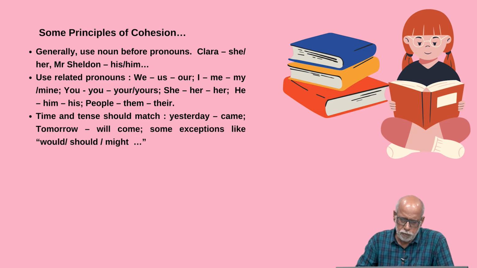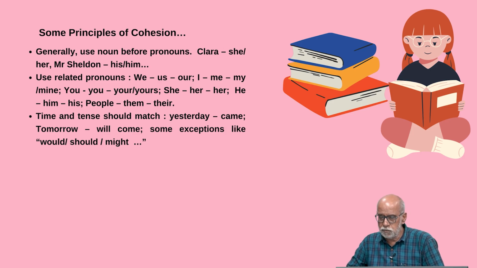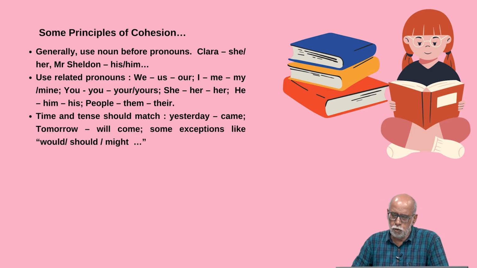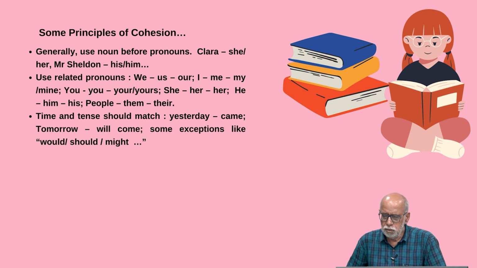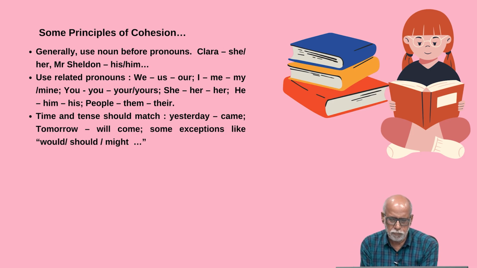Next, use related pronouns. If you have said we, then the pronoun is us, our. If you have said people, then the related pronoun is them, their. If you are talking in the first person singular number I, then related pronouns are me, my, mine, though mine is used only in a certain context.